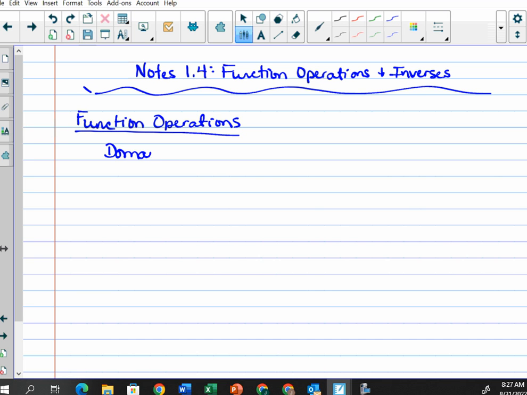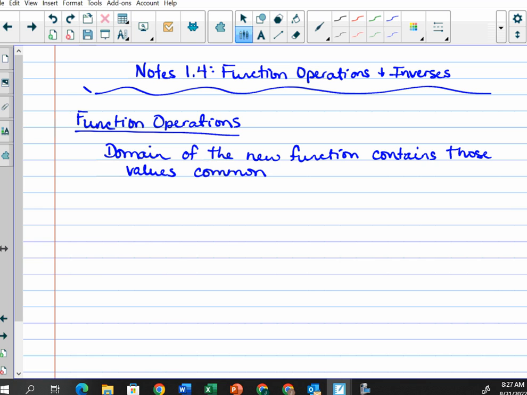So the domain of the new function contains those values common to the domains of the individual functions.